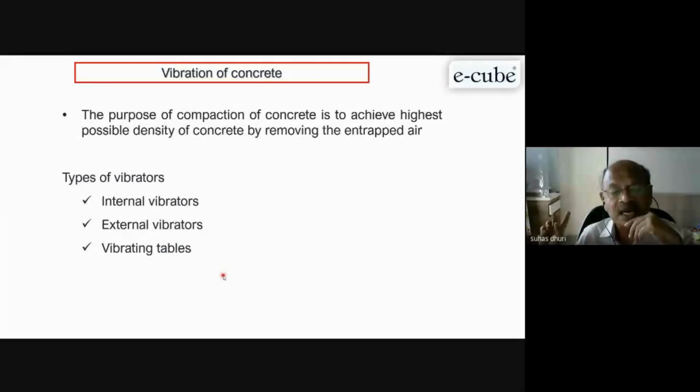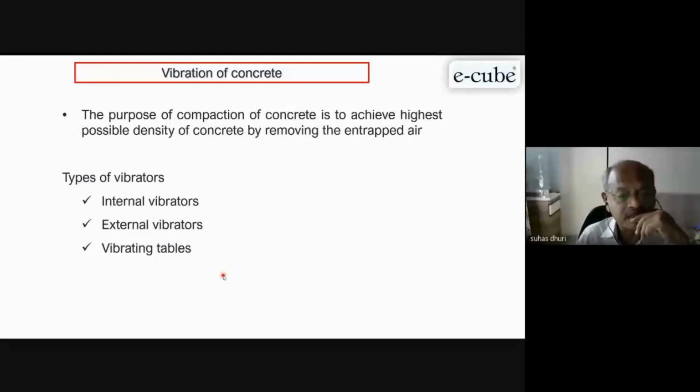This we have discussed, how much time to be vibrated in VB time, when you are talking about compaction. There are internal vibrators that everybody is aware of, the needles, and we have external vibrators which generally we use for precast industries or here on the site also where large members or girders you are casting, we put external vibrators, and some of the elements can be cast on a vibrating table itself.